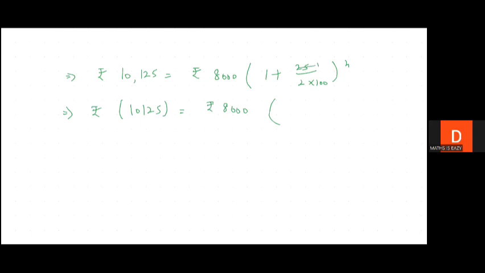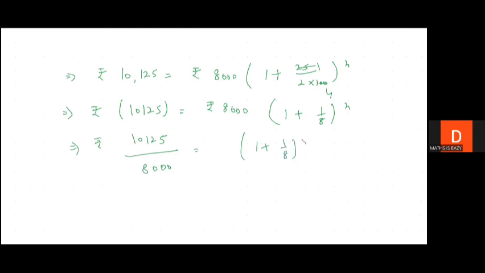So it will become 1 plus 1/8 raised to the power n. We bring 8,000 here, and we remain with (1 plus 1/8) raised to the power n.